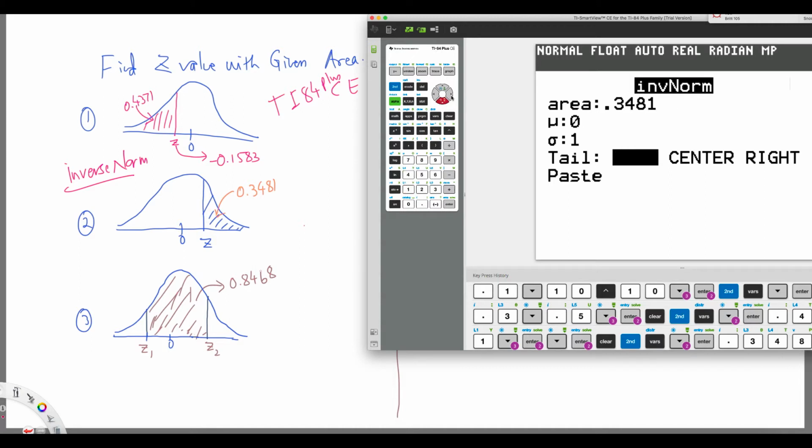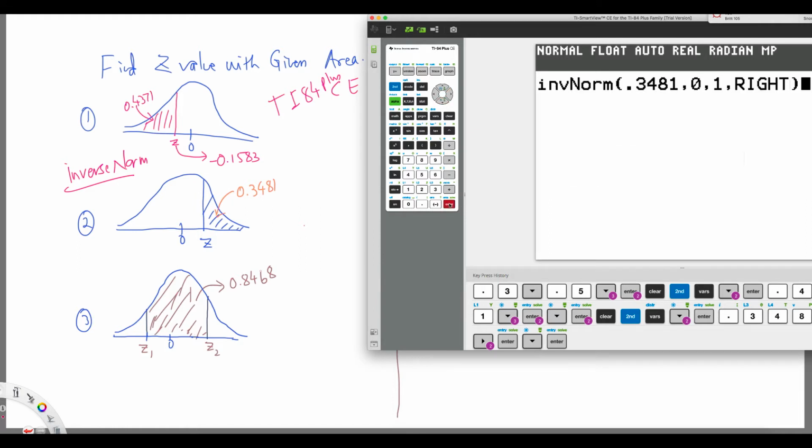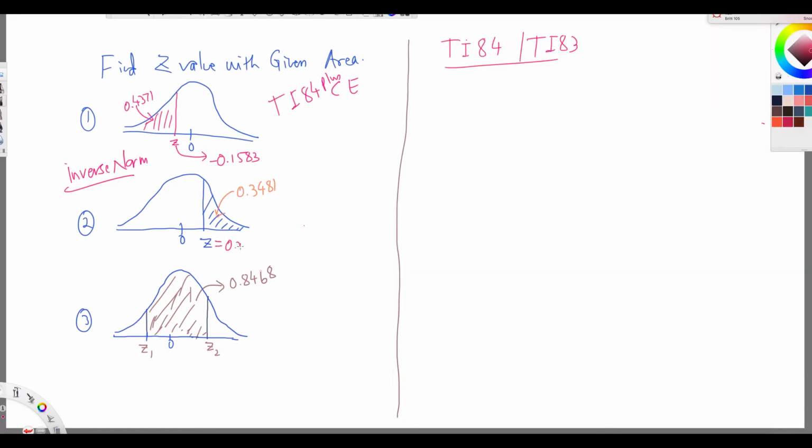We need to pick the right area because this is on the right side. Hit enter, select right, go to paste, and hit enter, and you get 0.3904. So this G value is 0.3904.